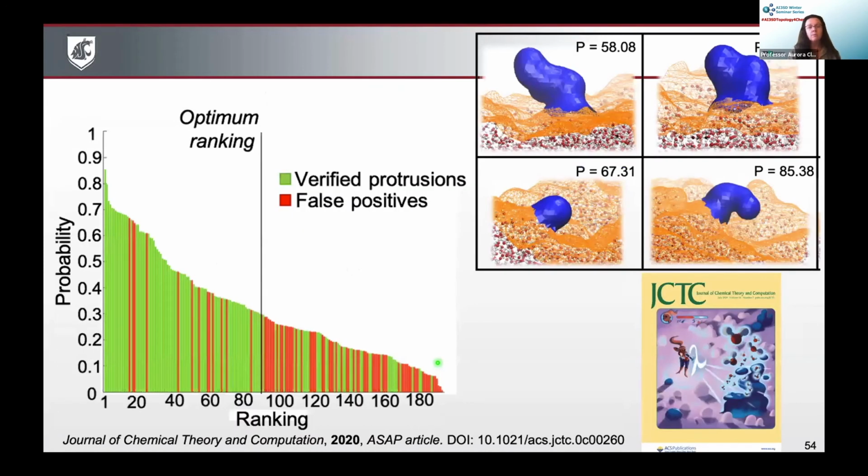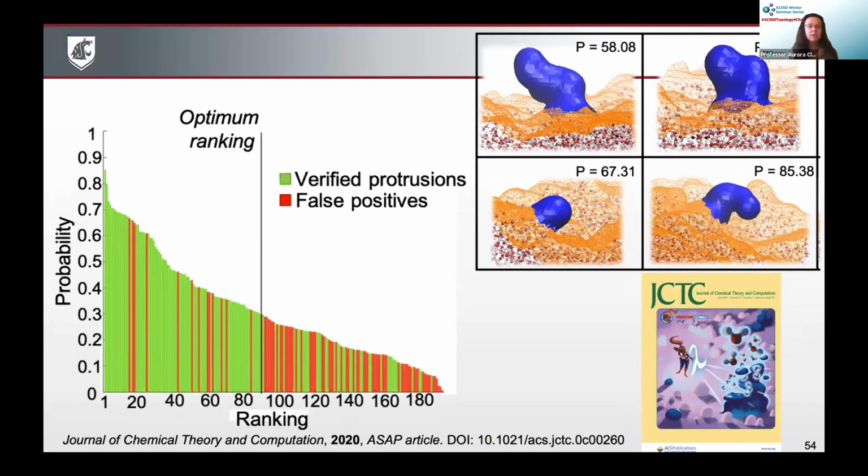We have probabilities associated with this, and we rank them. By eye, we had a set of about 200 protrusions, these surface structures that we had identified from our simulations. We looked to see how well our code works in finding all these protrusions, and it was able to find all of them.